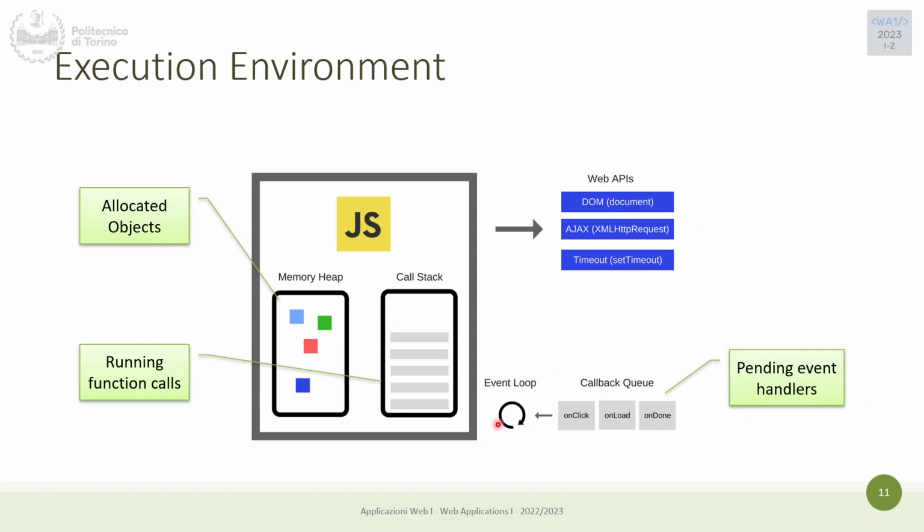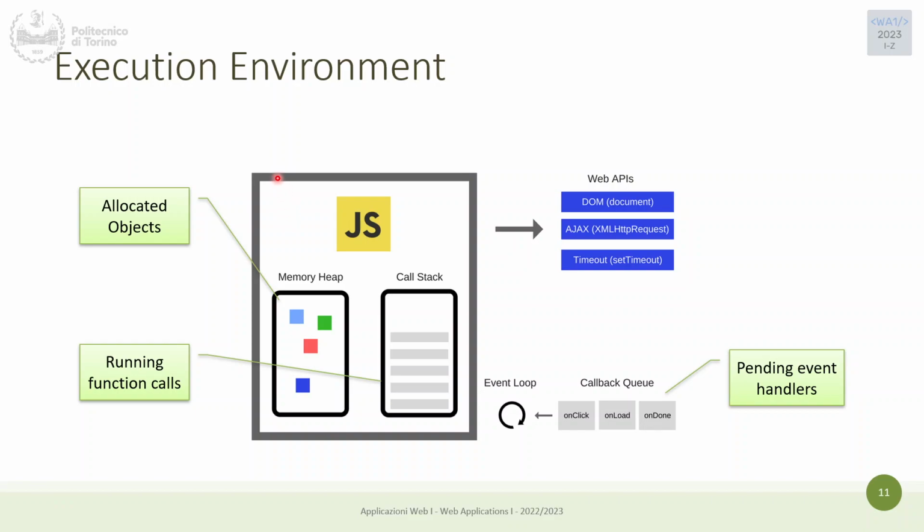This is the JavaScript engine, okay? That could be V8 for Chrome or Node.js, or SpiderMonkey for Mozilla, or JavaScriptCore for Apple. Whatever engine you want. The engine has two main objects that are mandatory.